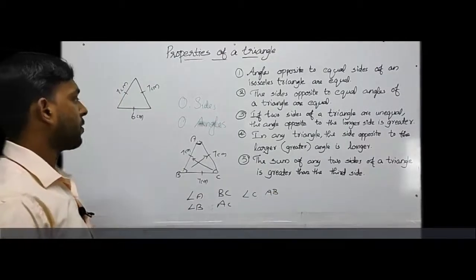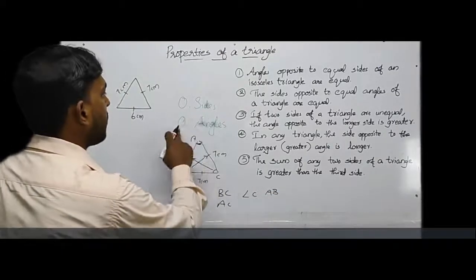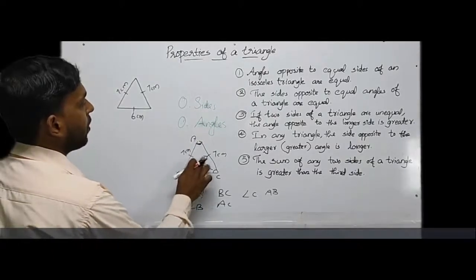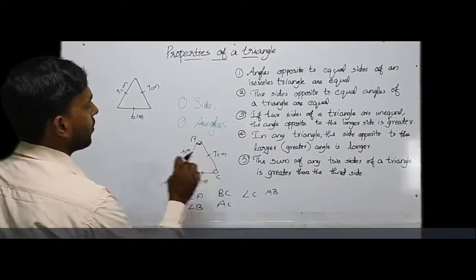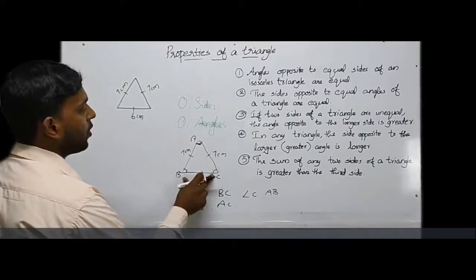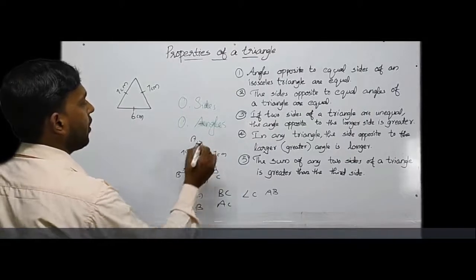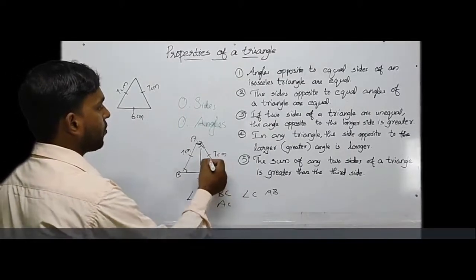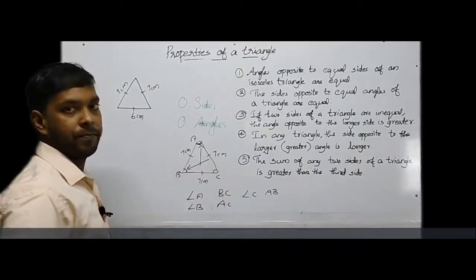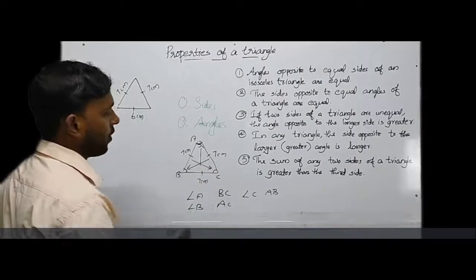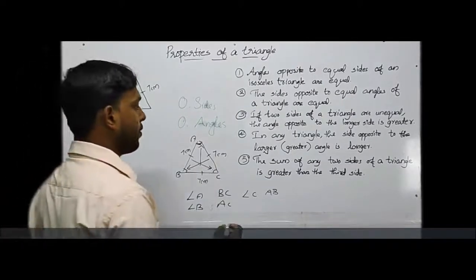So opposite sides are clear. Let's try to understand opposite angles from the very figure itself. What do I mean by opposite angles? If I take side BC, its opposite angle is angle A. If I take side AC, its opposite angle is B. If I take side AB, its opposite angle is C. It's very easy to understand.